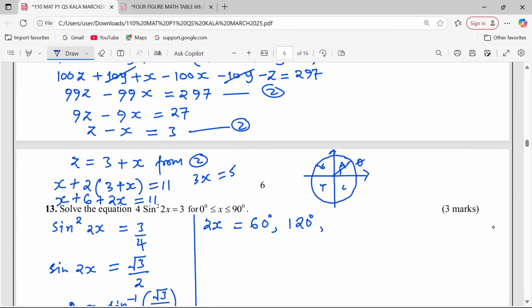But in the second quadrant, we measure it as 180 minus theta. In case we were dealing with the third, we would measure it as 180 plus theta. And here in the fourth, it's measured as 360 minus theta.